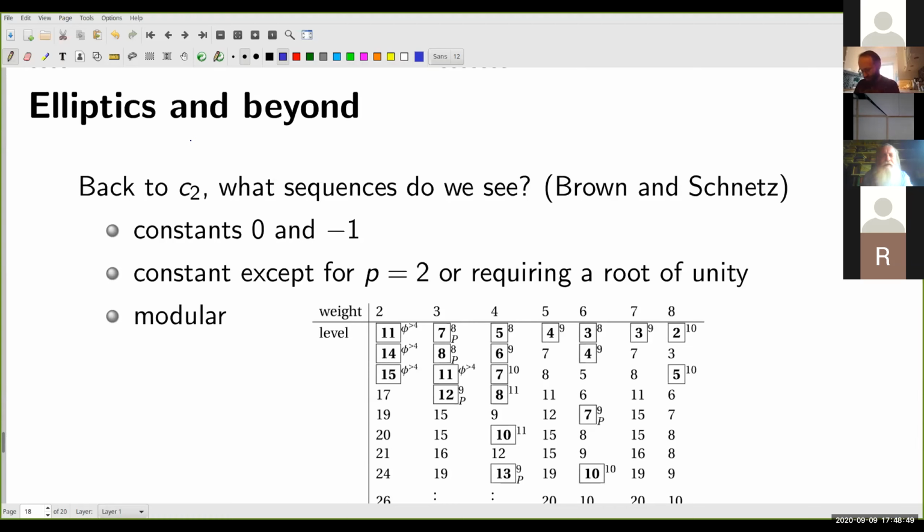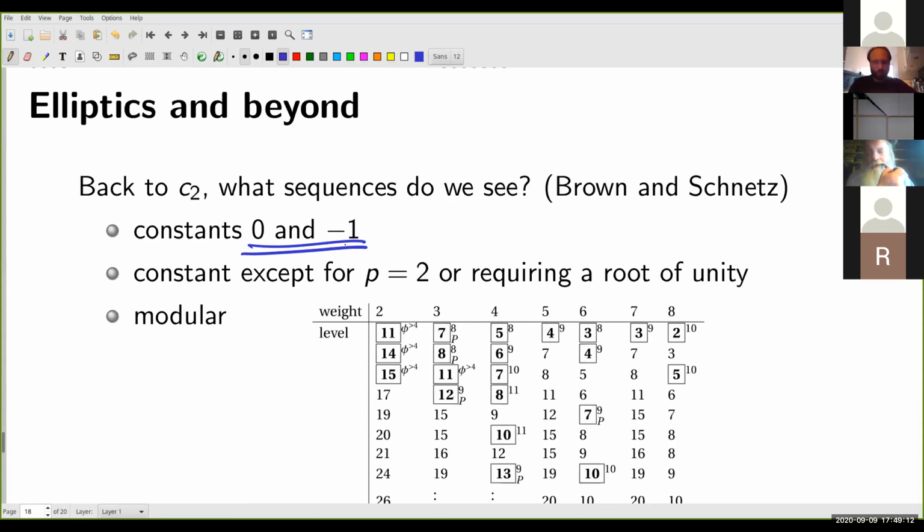Because what C2 sequences do we see? Well, we see constants, 0 and -1. Okay, those are nice. The 0s are the weight drop guys. And the -1s, do you remember how I said these things that came from double triangle of K5, or that's completed, so double triangle of K4, if you're thinking of the scalar 4-point graphs? Those seem to be the -1s.